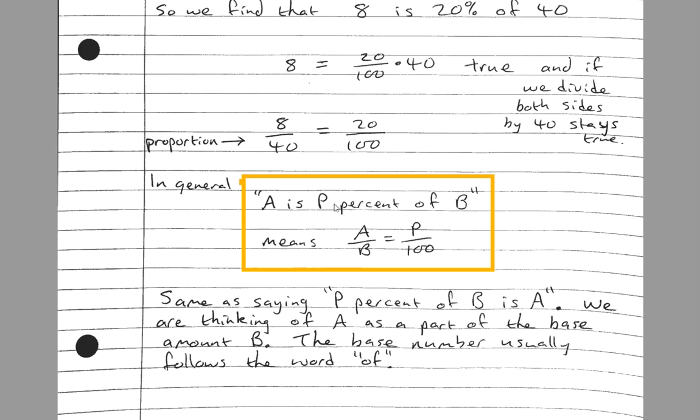Whenever you see A is P% of B, you can just write down this proportion. You could also put the A last: P% of B is A. That's the same thing.